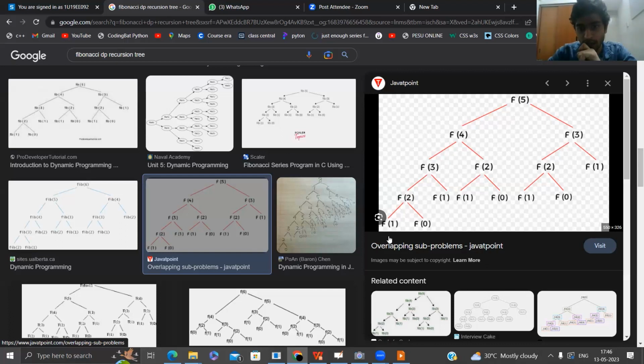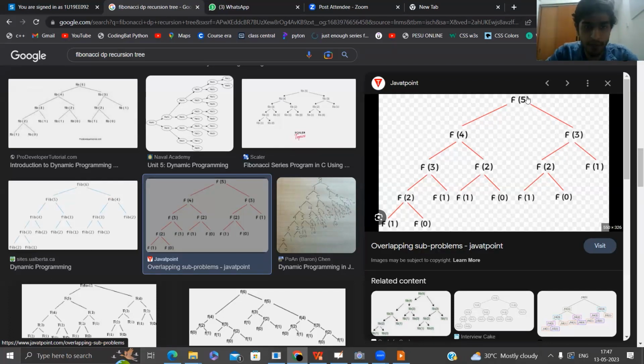The height of this recursion tree is n. If n is 5, the height is 5, because from 5 we went to 4, 4 to 3, 3 to 2, 2 to 1. If this was n, from n to n minus 1, n minus 1 to n minus 2, n minus 2 to n minus 3, until 1. So the height of this recursion tree is n.